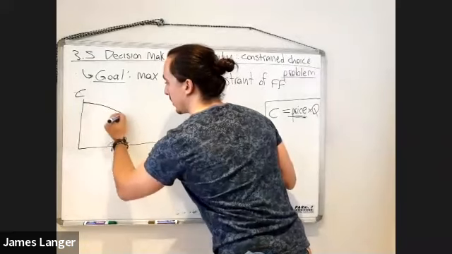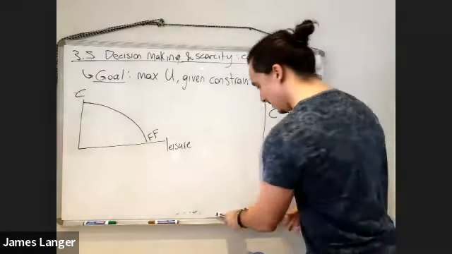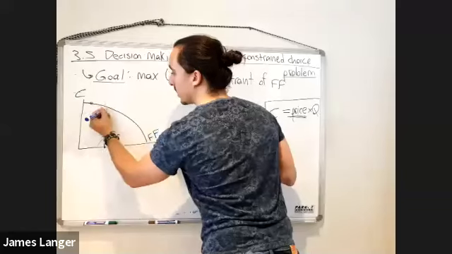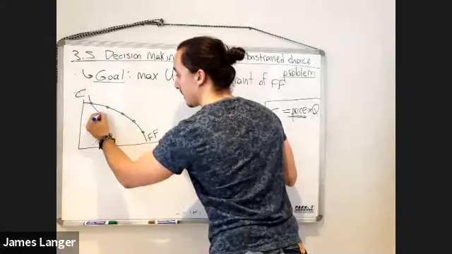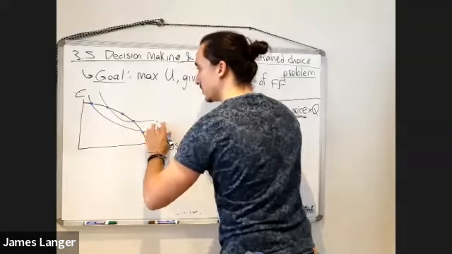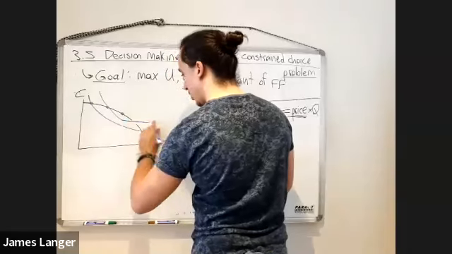So we're limited by the feasible frontier. We know that there are lots of options. So I could be here, here, here, here, here. And what if my indifference curves look like this? So first of all, remember indifference curves never slope up.